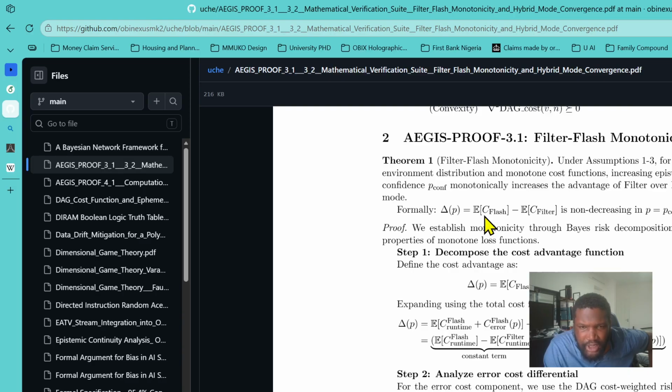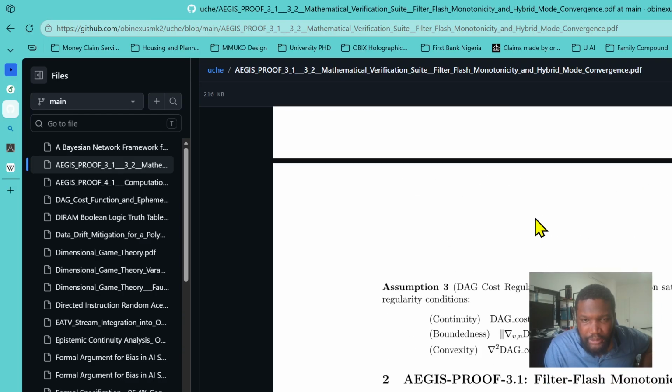What's E defined as? E given C flash minus E or epsilon. I don't think it's called epsilon. It's E given the cognitive filter C flash, as non-distribution in P. Proof established one of the three: Bayes ratio cohesion and property of monotone loss function. So define the cost advantage.